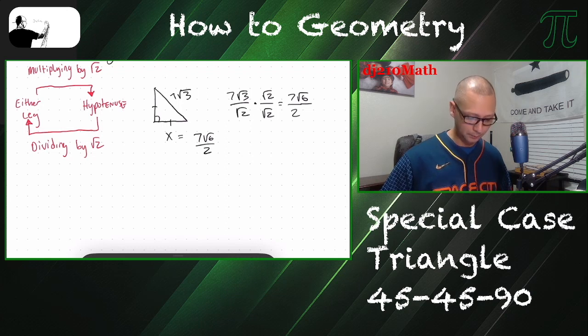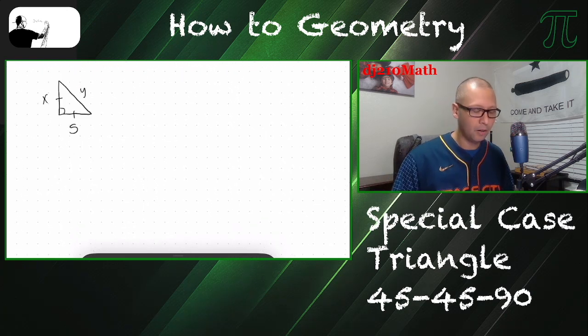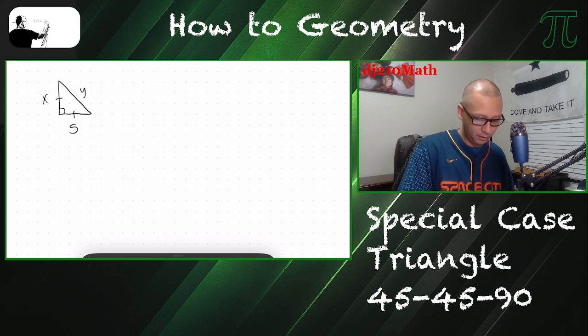All right, so let's see some more examples. In all of these examples, it will be a 45, 45, 90 triangle. So if one leg is 5, the other leg must also be 5, and the hypotenuse is going to be the leg times root 2.